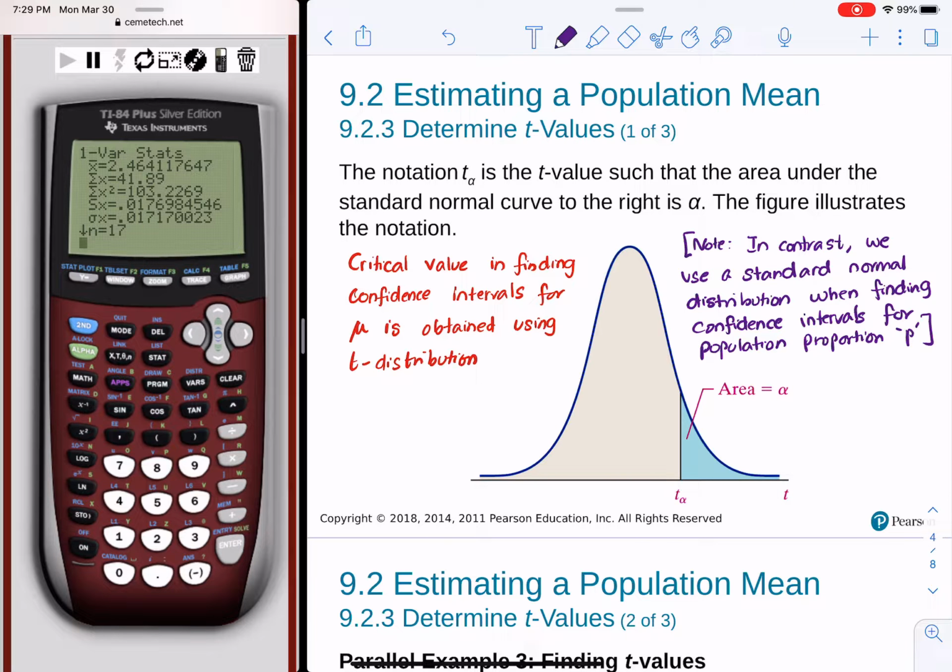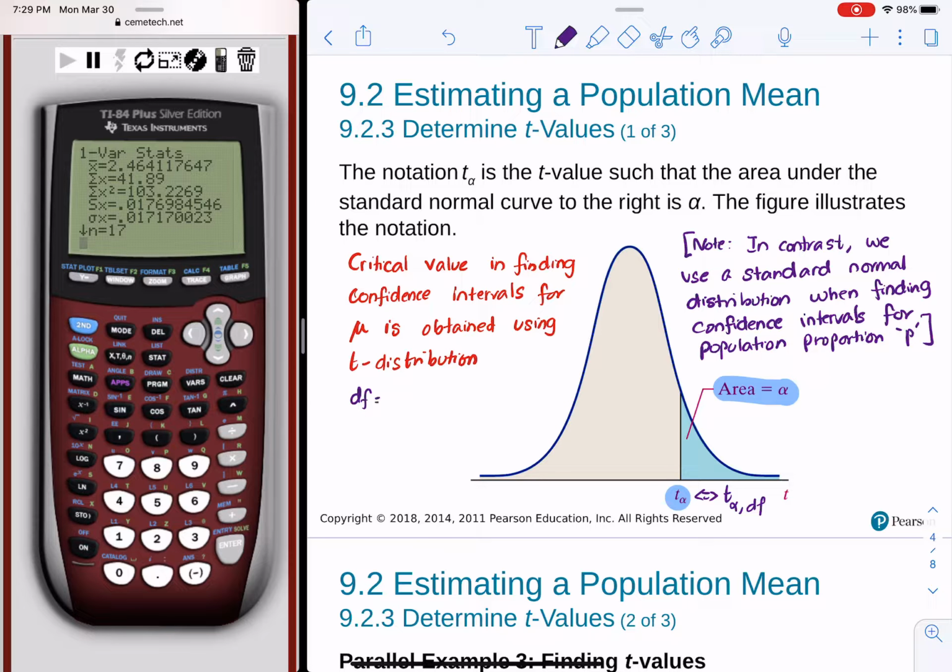So, of course, we need to know the area, or alpha, which is the level of the test. For a given area, which is alpha in this case, the critical value is t sub alpha. More precisely, this is denoted by t sub alpha comma df, where df stands for degrees of freedom, and that only applies to a t-distribution.